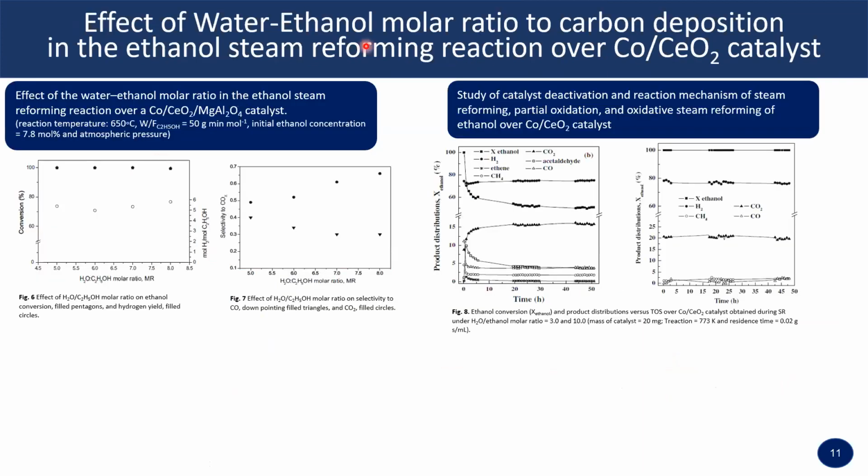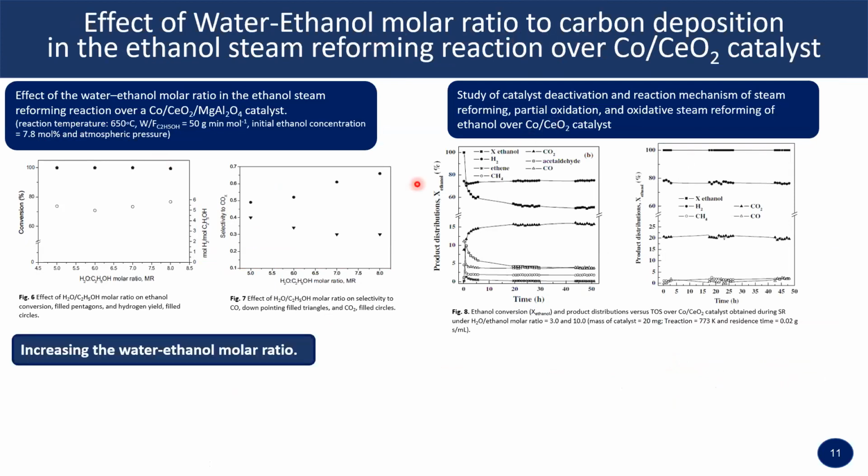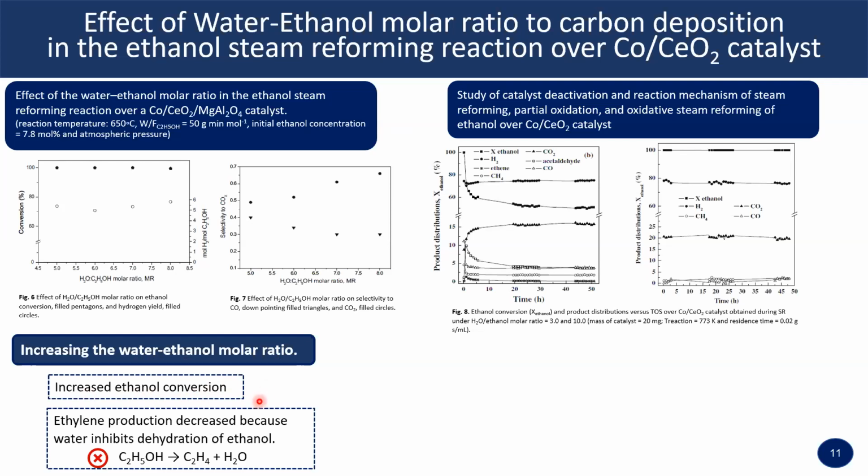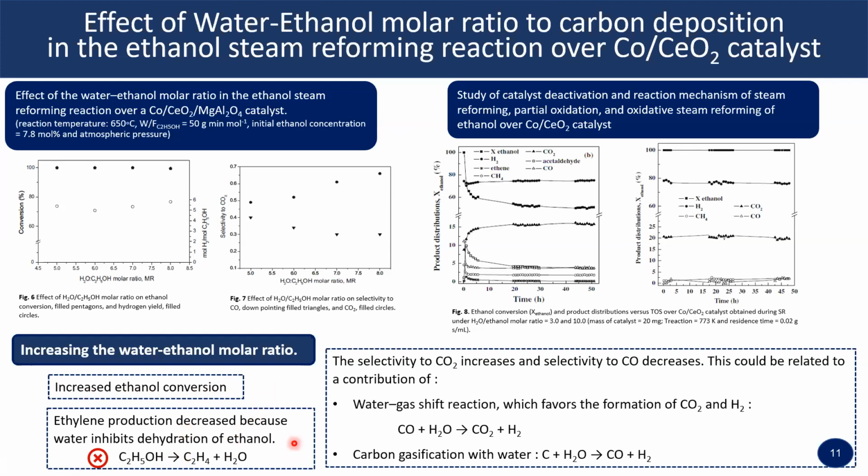For the effect of water ethanol molar ratio on carbon deposition, two studies explained that increasing the water ethanol molar ratio results in increased ethanol conversion. Ethylene production decreases because water inhibits dehydration of ethanol, and selectivity of carbon dioxide increases while selectivity of carbon monoxide decreases.